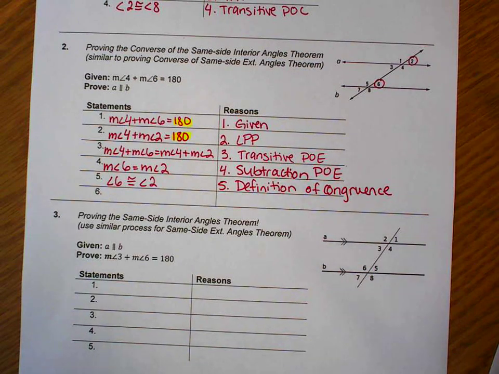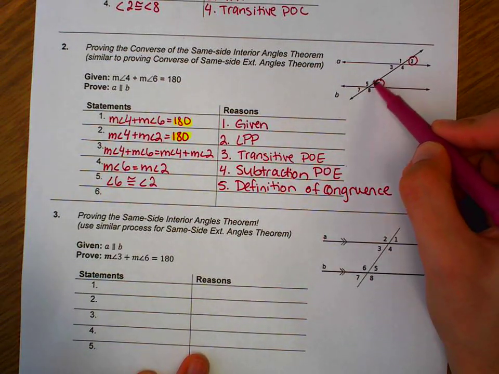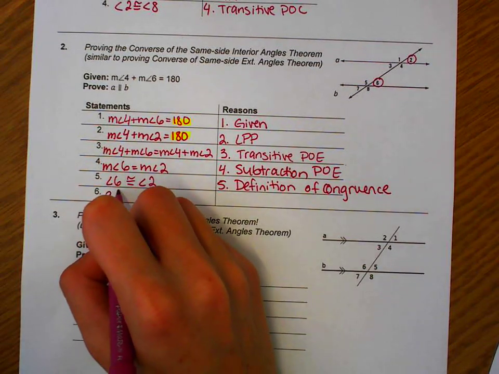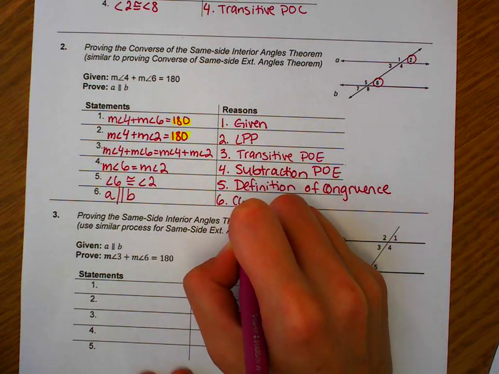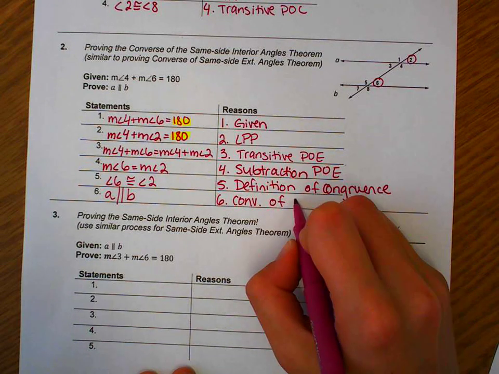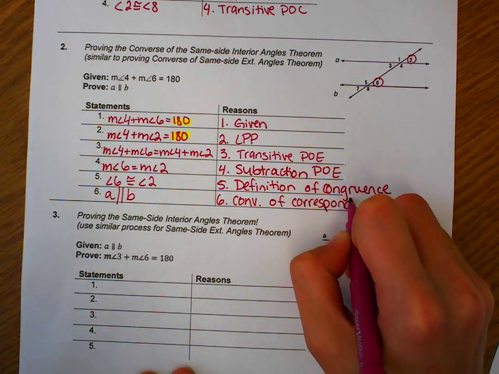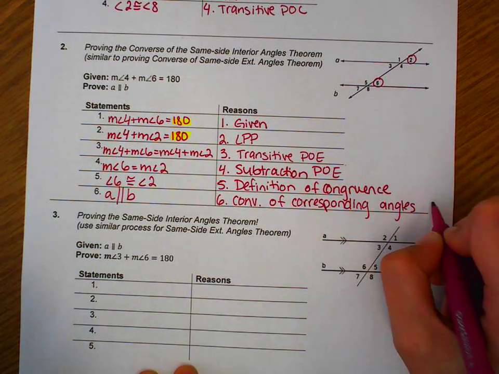If I can use that, then I know my lines are parallel. Well, that's exactly what I have. Angle 6 and angle 2 are congruent. Therefore, line A is parallel to line B because this is the converse, CONV for converse, of the corresponding angles theorem.